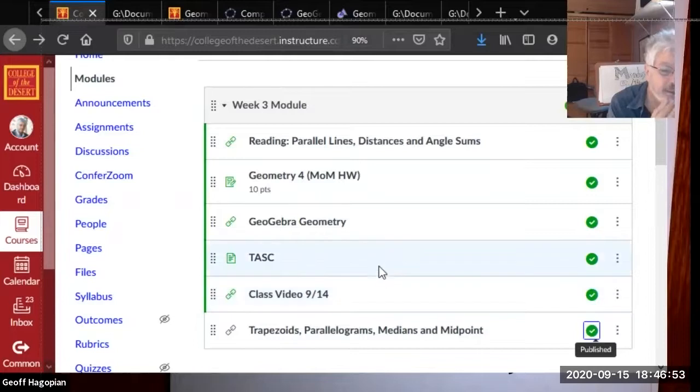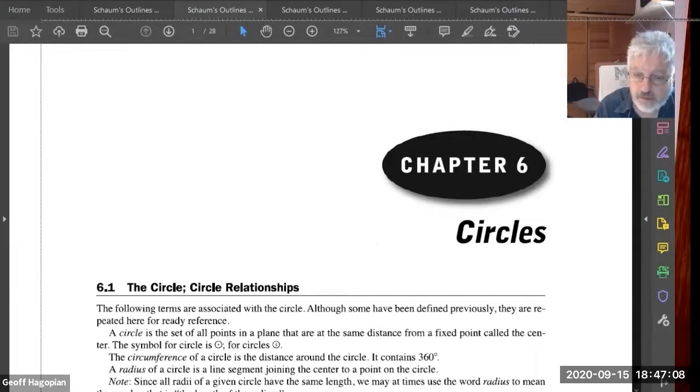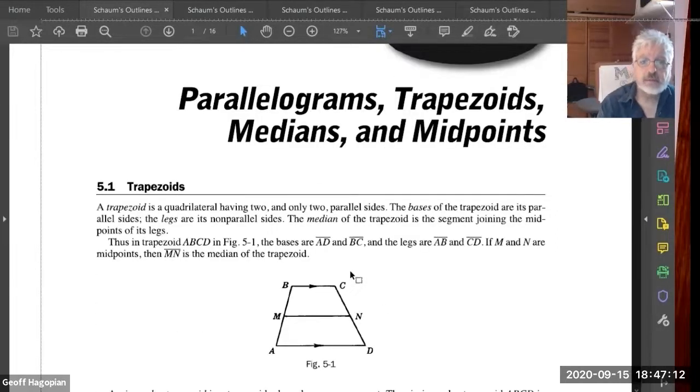Time flies when you study geometry, it turns out. So I'm going to go back to our Adobe because I think that's probably a clearer way of getting to this. And oh, that's circles. That's the next and last geometry section. But here we are, trapezoids. So a trapezoid is a quadrilateral having 2, but only 2 parallel sides.